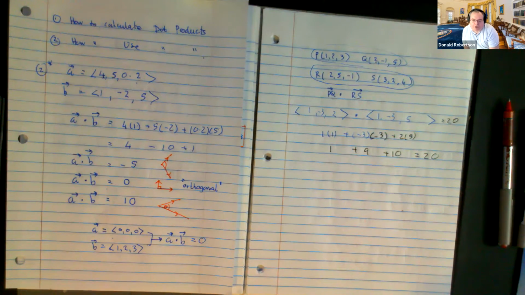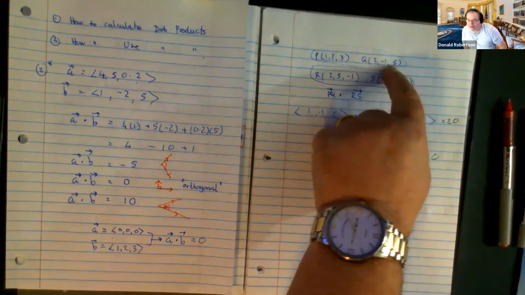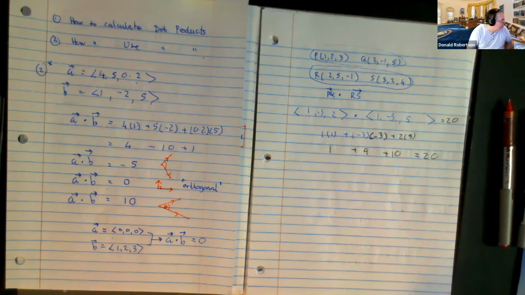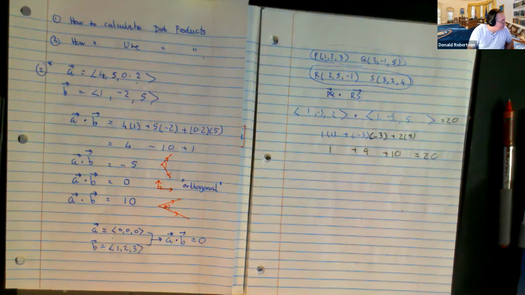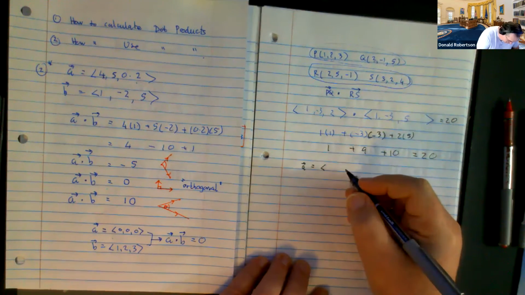So are we comfortable that if you were given a question where they didn't tell you the two vectors, but you gave the coordinates of the start and finish, that you could find the dot product in that case as well? Okay. Now, suppose you were given two vectors where they didn't contain numbers.